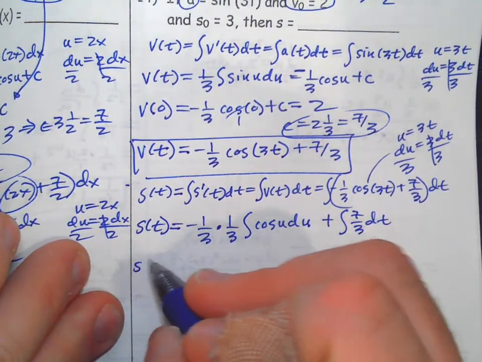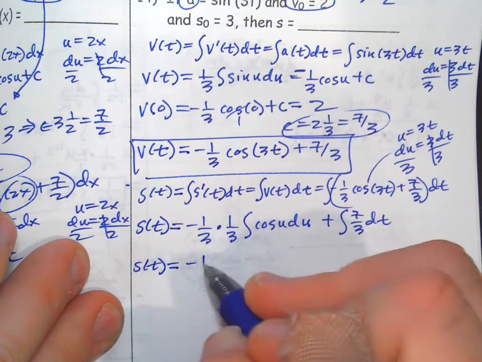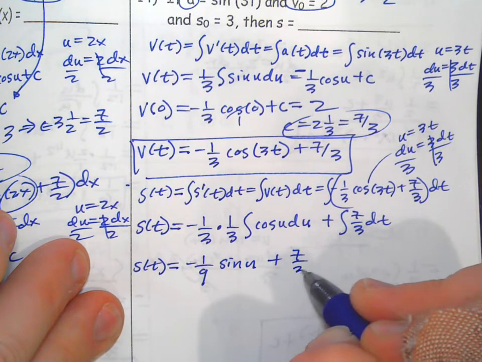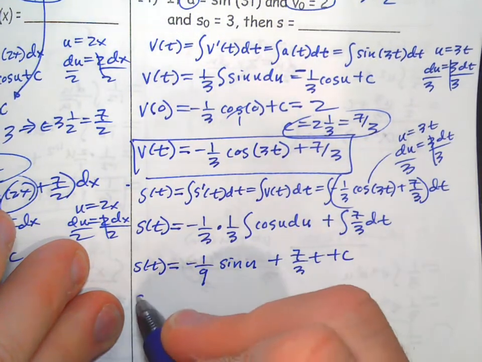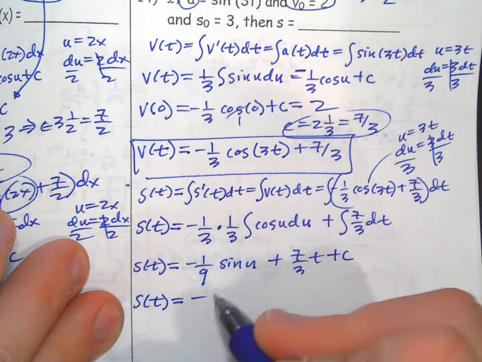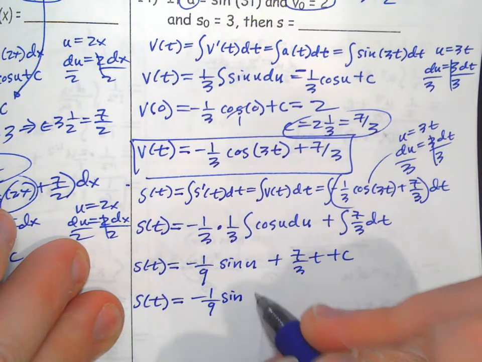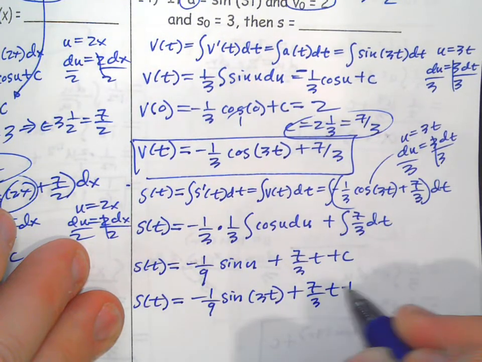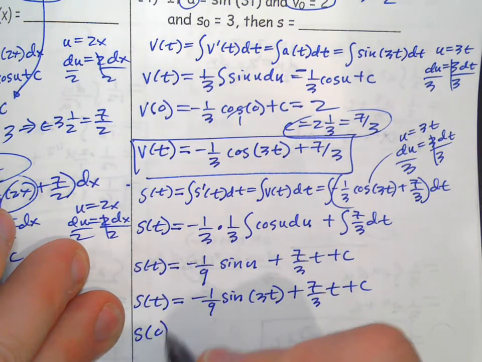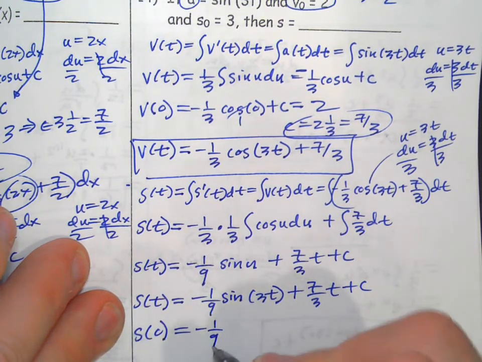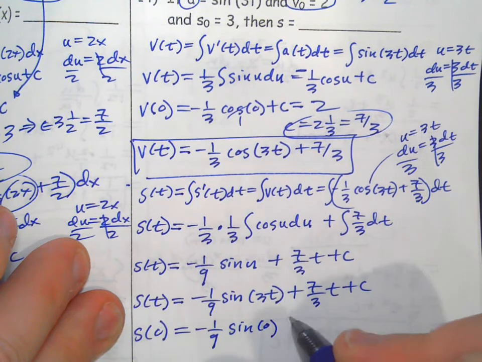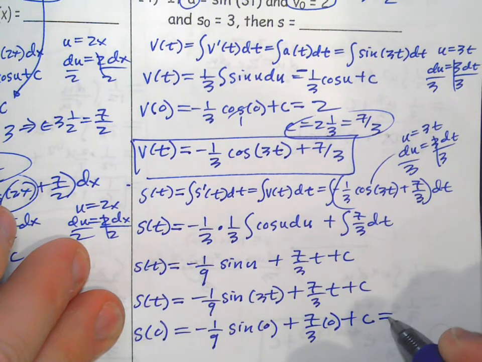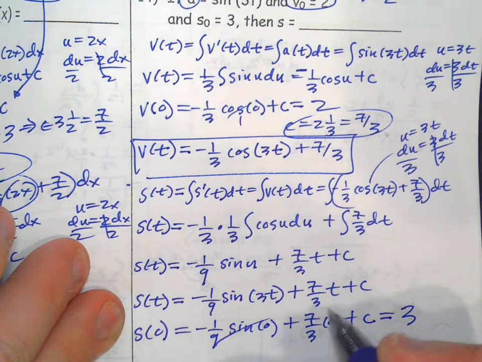So this is going to be negative 1/9 sine u plus 7/3 t plus c. Rewrite it back in terms of the original variables. So it's negative 1/9 sine of 3t plus 7/3 t plus c. Use the initial condition s of 0, they said it was 3, so negative 1/9 sine of 0 plus 7/3 of 0 plus c should equal 3. 0, 0, c equals 3.